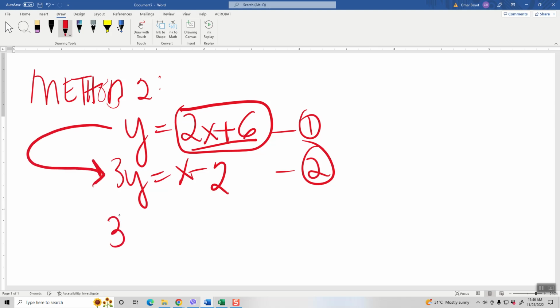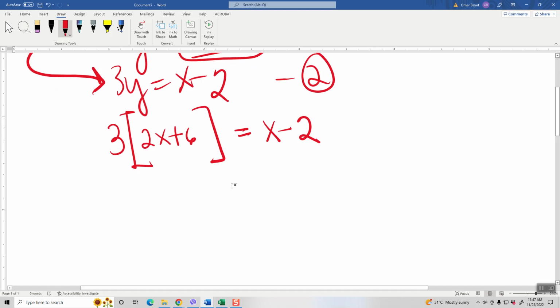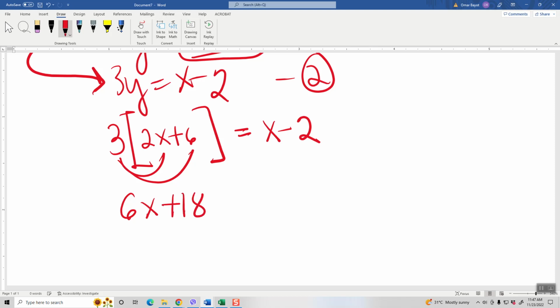So, anong laman ni y? That is 2x plus 6, and then x minus 2. So, anong nangyari? Nawala na si y. Solve na agad, diba? So, you have 3 times 2x, you will have 6x. 3 times 6, you will have 18.